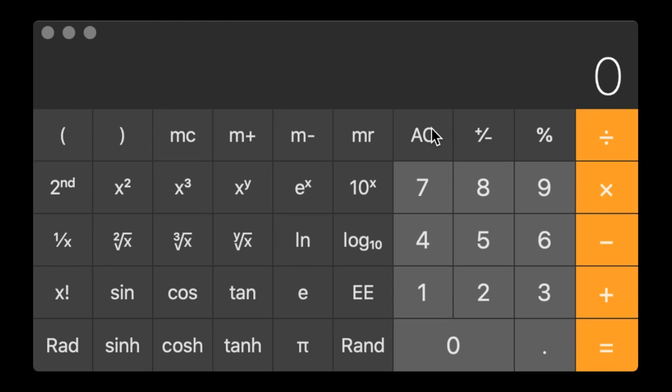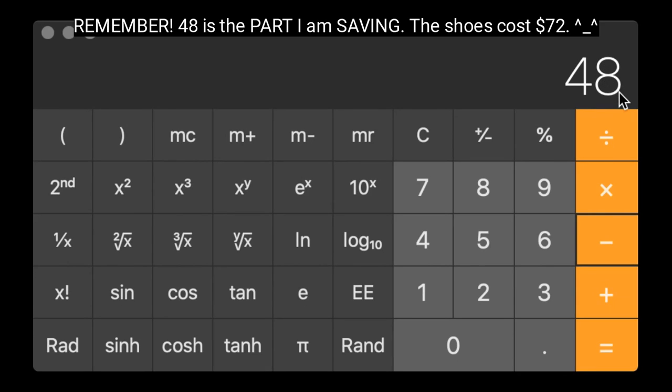Another way to do this, in the case of the shoes, for example, the original price is $120. I want to subtract the 40% discount, and it immediately tells me it's $48.